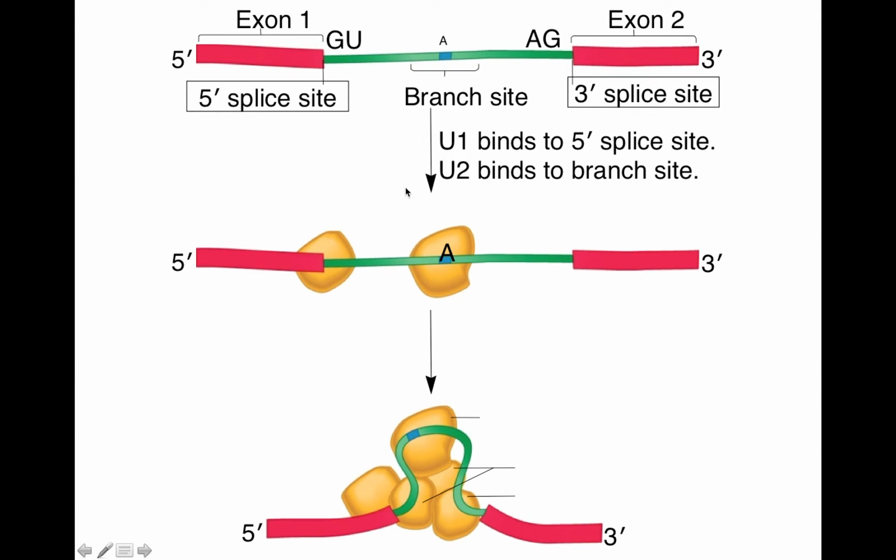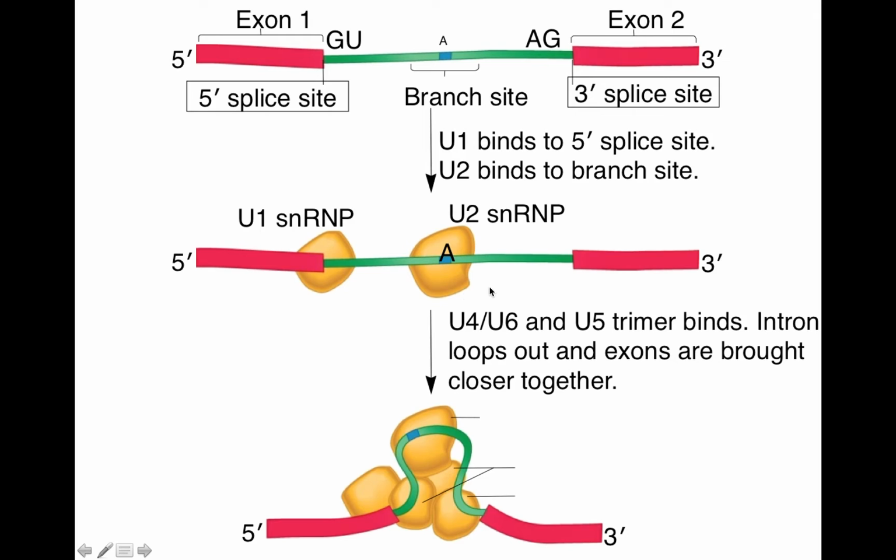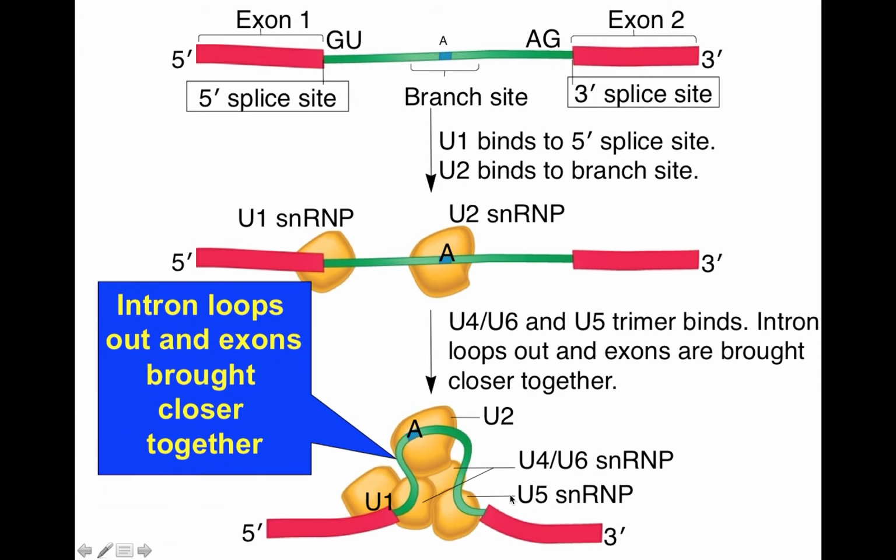A ribonucleoprotein particle contains protein and small RNAs, and those small RNAs are critical in positioning these particles at the right spot. The U4, U6 complex and U5 trimer bind next, and the intron loops out, and the exons are brought closer together. These are all the different components where they're located.